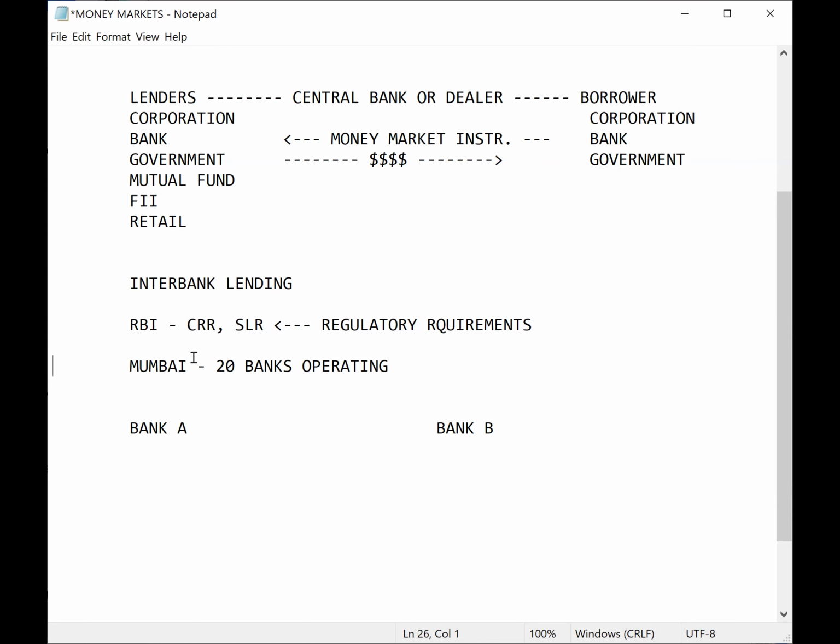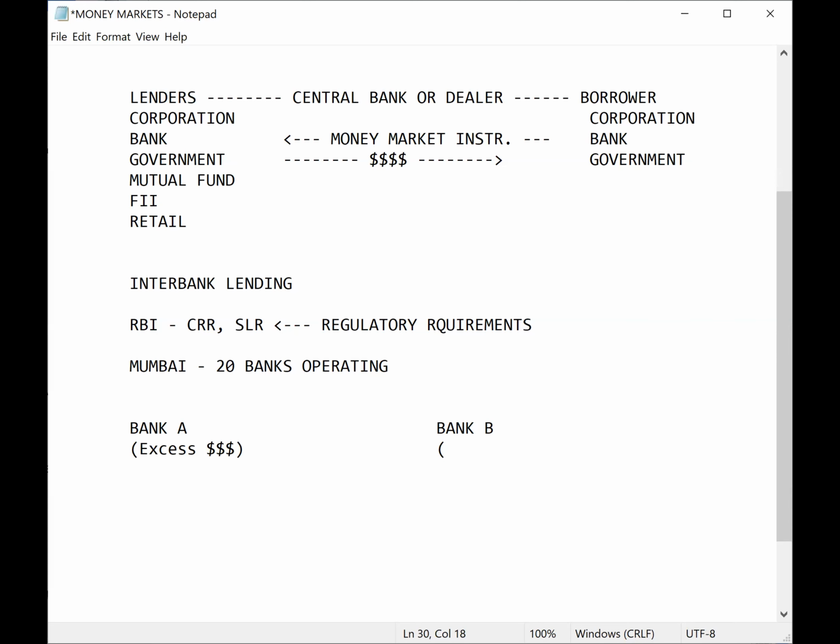Now, while trying to maintain these ratios, I hope you know about cash reserve ratio and statutory liquidity ratio. Yes, sir. Okay. So when you are trying to maintain these ratios, it might happen that a certain bank has excess funds, even after maintaining that ratio, they have a lot of money left.